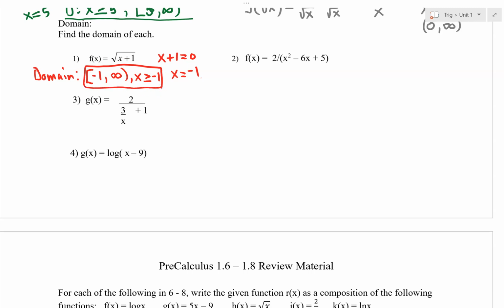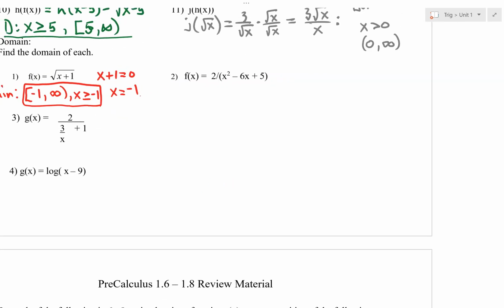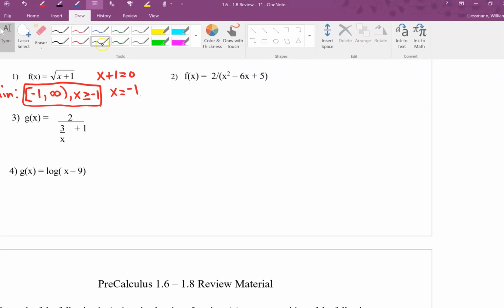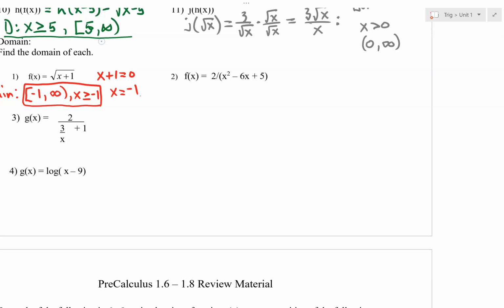The next one says f of x is equal to 2 over the quantity x squared minus 6x plus 5. In one like this, what we need to do first is set the denominator equal to 0, just like they said before. x squared minus 6x plus 5 is equal to 0.